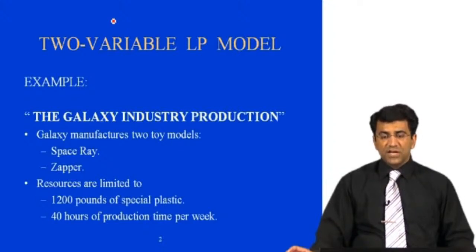The total production time available for Galaxy Industry for the production of these 2 products, Space Ray and Zapper, is 40 hours. So of course we cannot work beyond that time limit. So this is one of the constraints related to the production time.